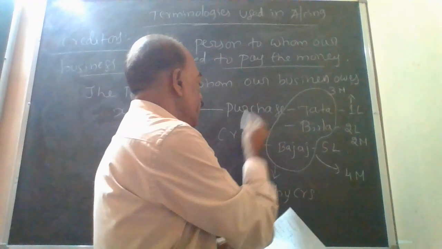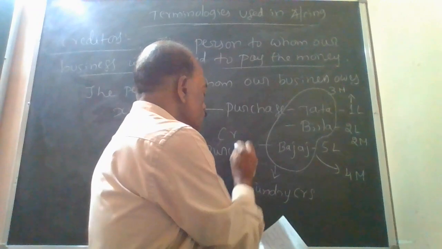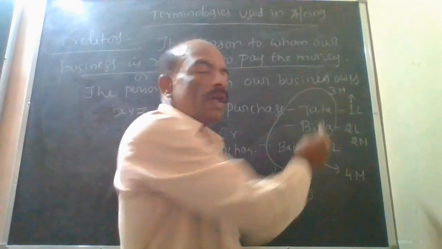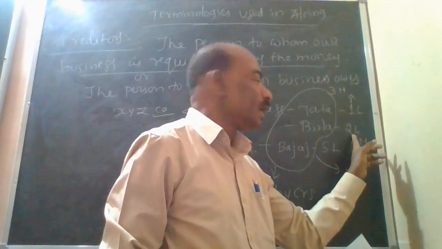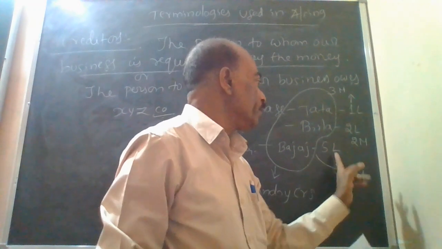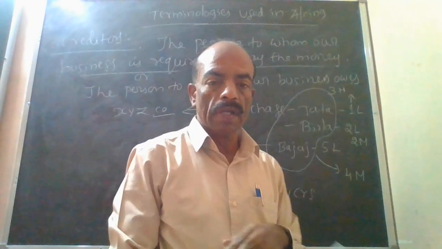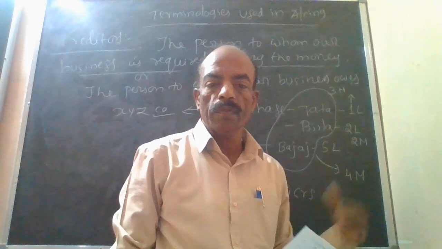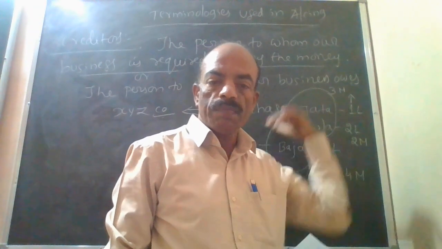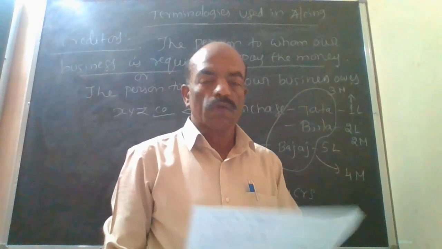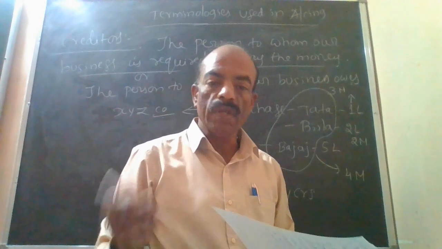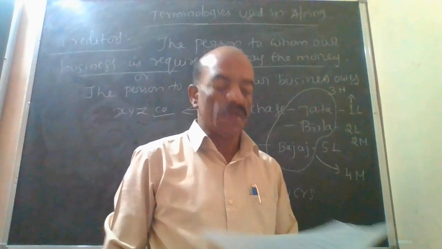We tell Tata we will make the payment after 1 month, Birla after 2 months, and Bajaj after 4 months. So these people are called sundry creditors.